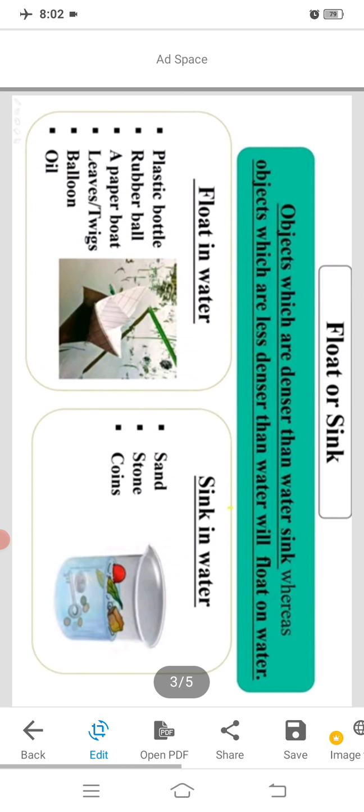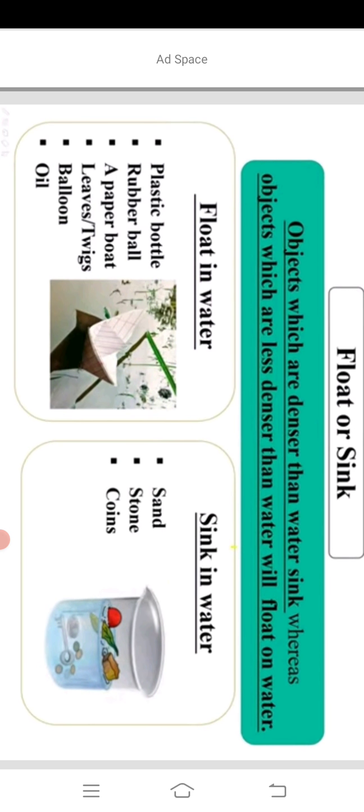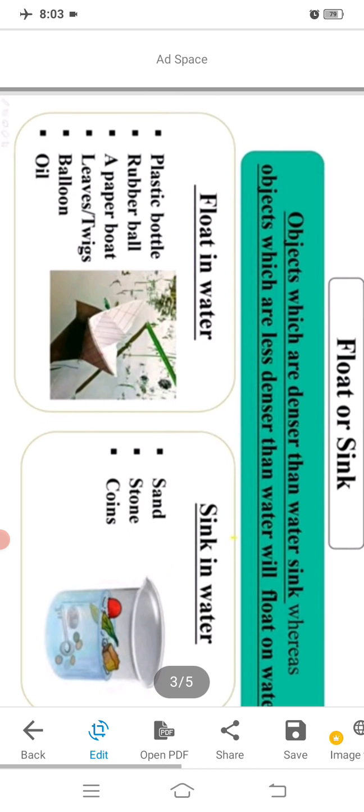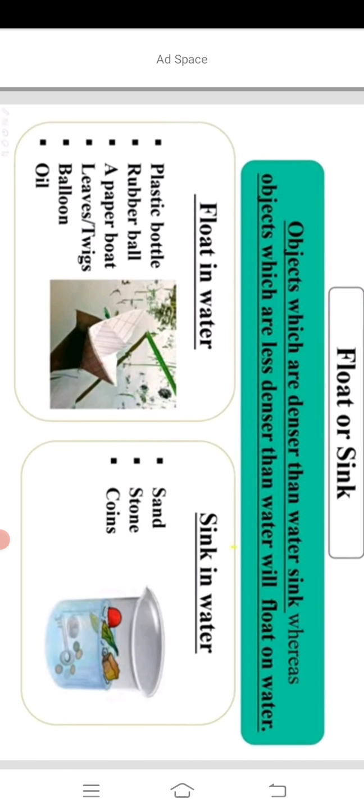This depends on the density of the substance. First, you must know what density is. Density of a substance is mass per unit volume. So, depending on this density, objects may float or sink in water.